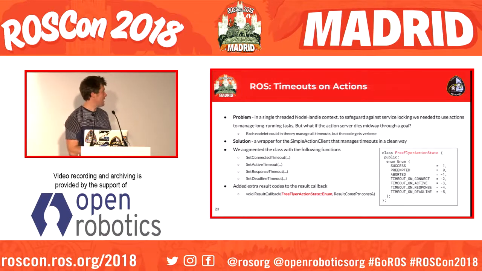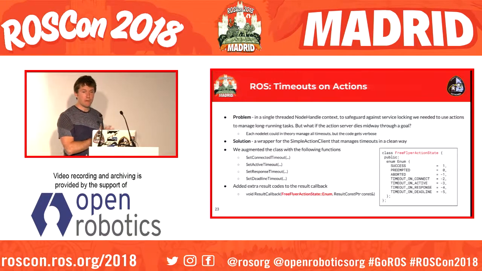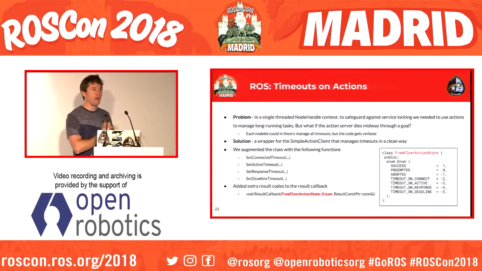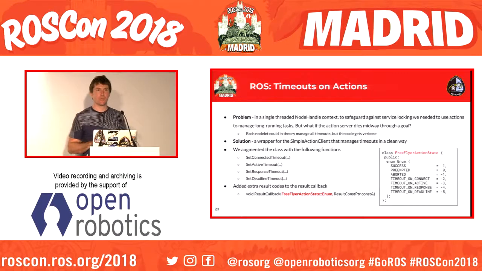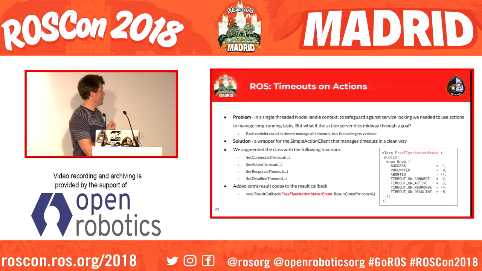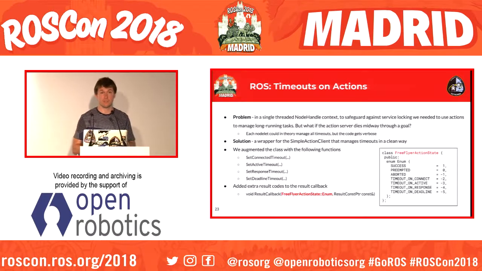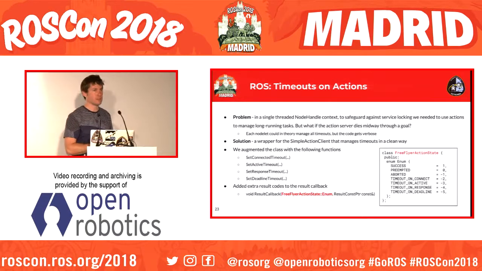So now we're going to dive a little bit deeper, and I'm going to explain a couple components that we added to our stack, which augmented existing functionality in ROS. The first of which is timeouts in actions. We love actions, because all of our nodes in the system are actually nodelets. And so if you block in a service response, the rest of the nodelets in your system in a single threaded context, they all lock up.